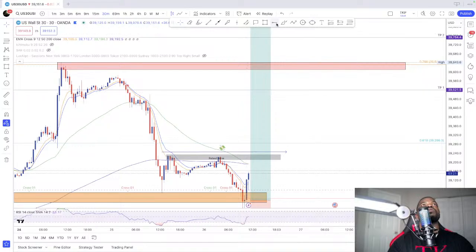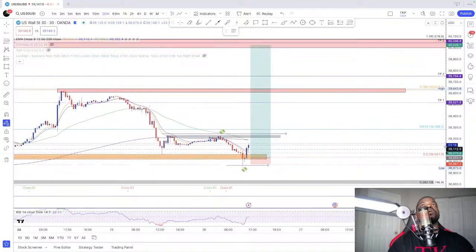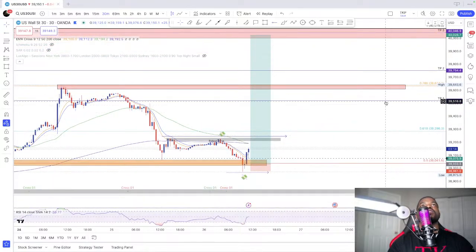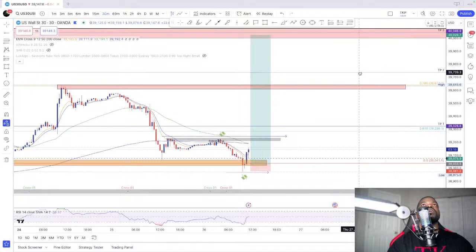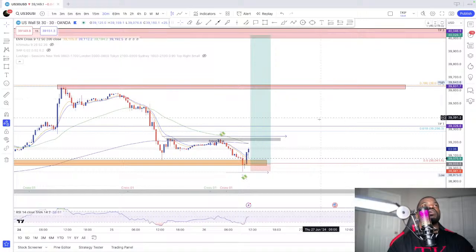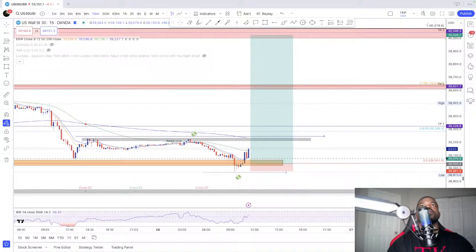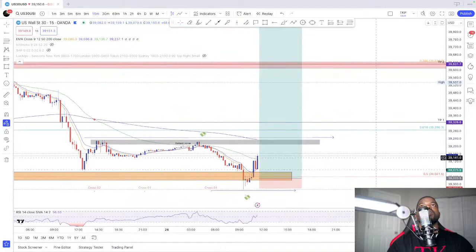All right, so let's set some TPs on this. Oh, they're already set. I mean, the target is already set. This is TP1. Now, if this closes, dang, but this is US 30.